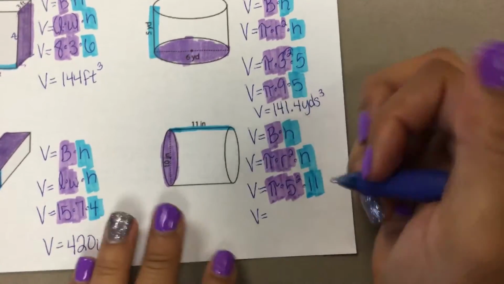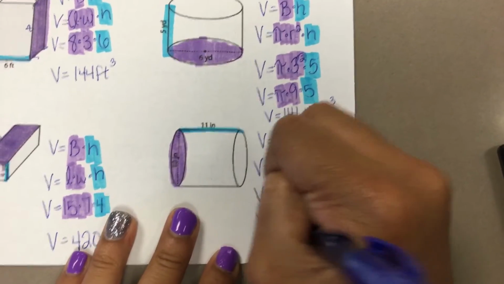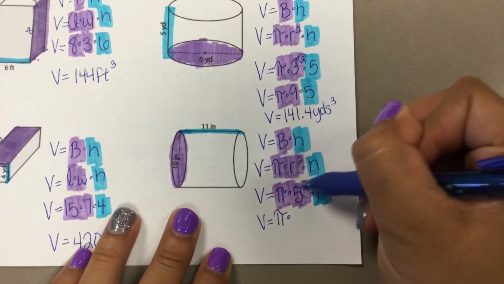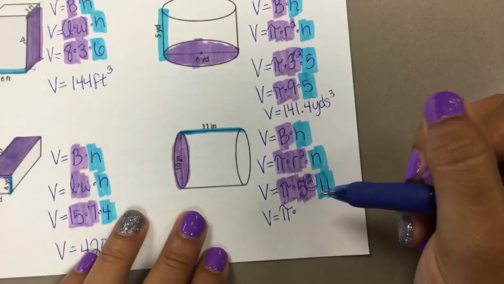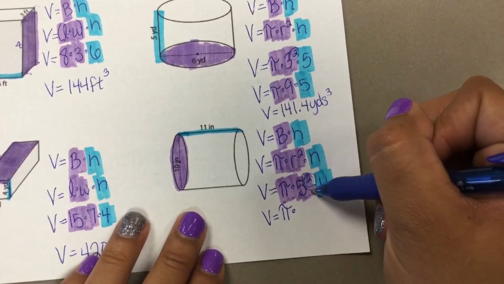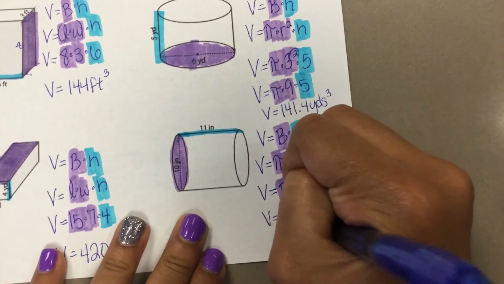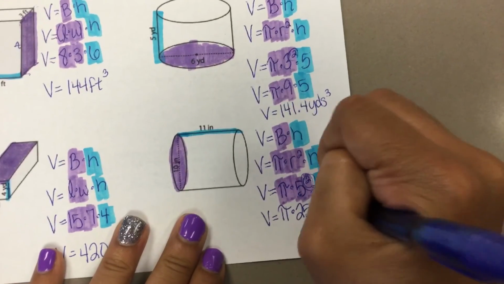Okay, 5 squared, remember the squared represents multiplying the number times itself twice. 5 times 5 is 25 times 11.